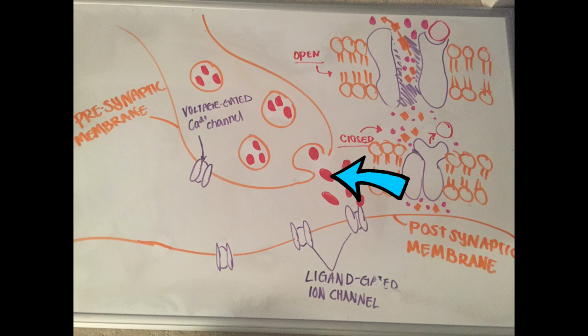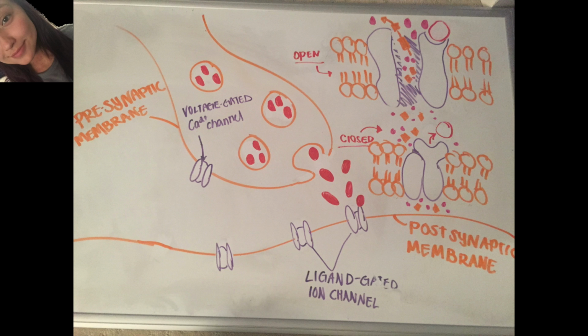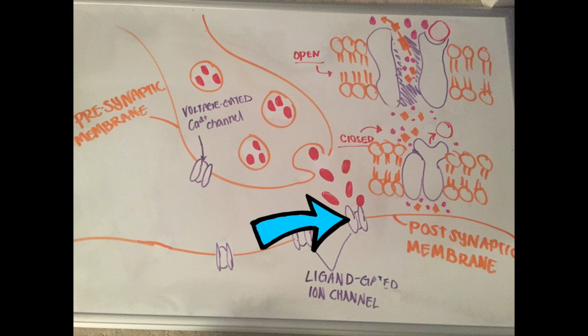The fusion of the vesicle with the membrane causes the neurotransmitters to escape into the synaptic cleft, which is the space between the two neurons. And therefore, the neurotransmitters diffuse across to the ligand-gated ion channels in the postsynaptic membrane of the other neuron.